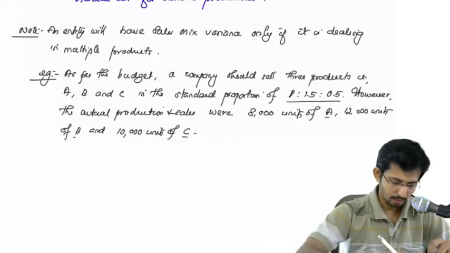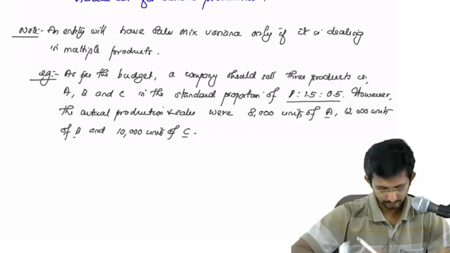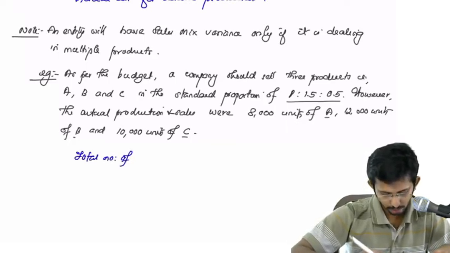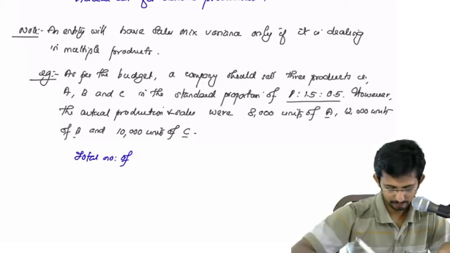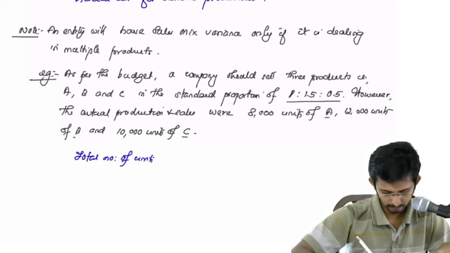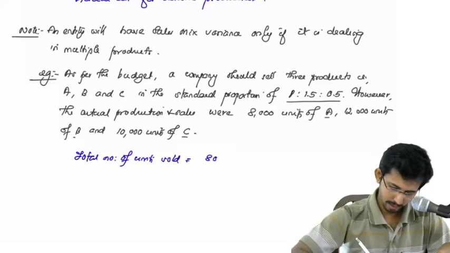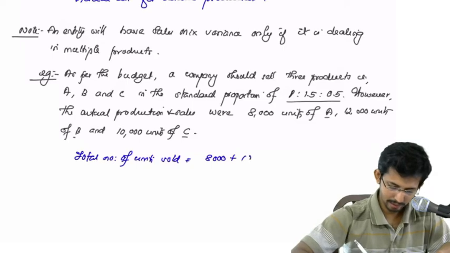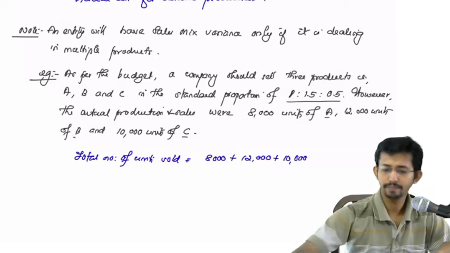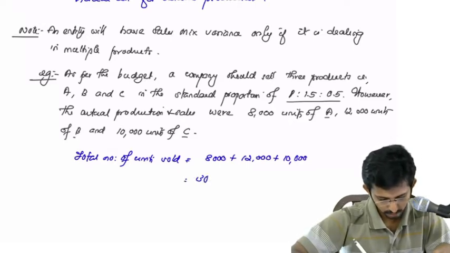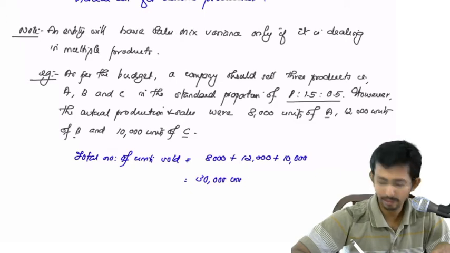Now here what you can see is the total number of units sold is equal to 8,000 plus 12,000 plus 10,000, which is equal to 30,000 units.